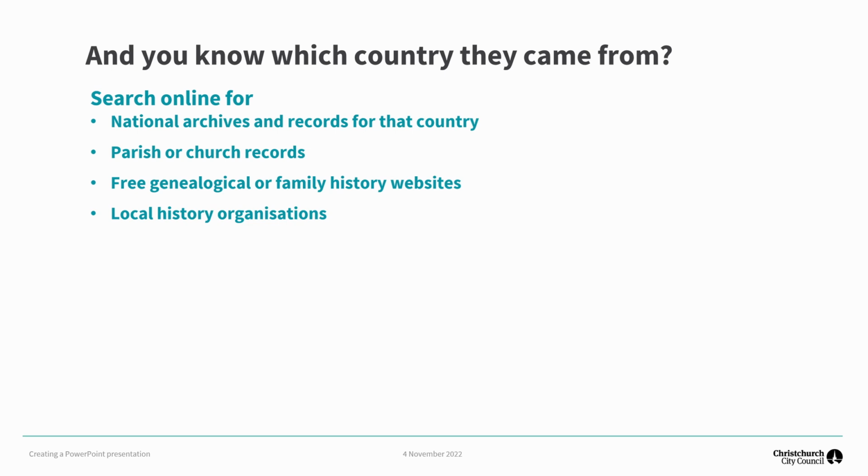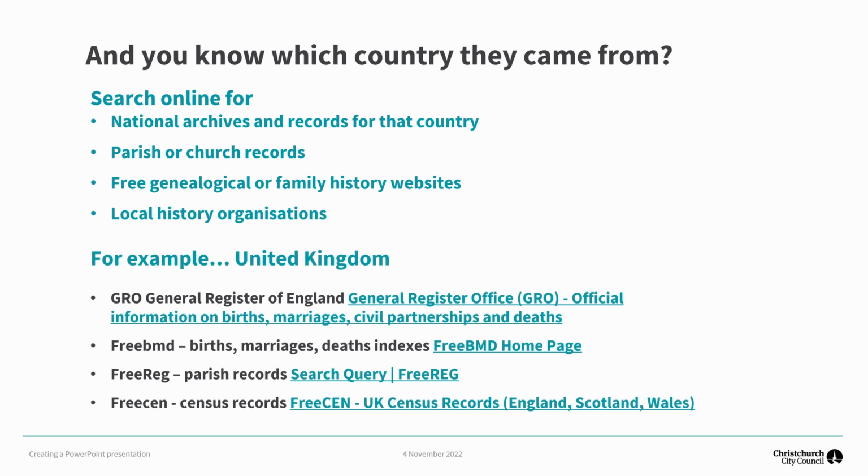Family history enthusiasts are generating a lot of databases that provide access to records such as passenger lists, but be careful to confirm the source of the information. An organisation, as opposed to an individual, may have slightly more robust research capacity and processes. So looking here at the United Kingdom, you can see that there are a lot of free websites with material that may help your research.